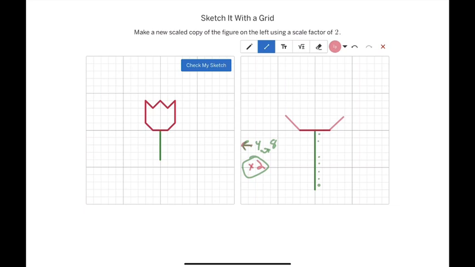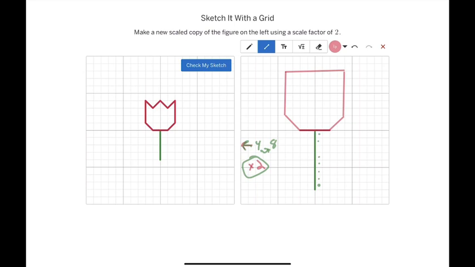Now the distance on the original one for this distance here, if I go up, was 3. So now I want to make it 6. So 1, 2, 3, 4, 5, 6. 1, 2, 3, 4, 5, 6. Now the distance between here and here was 4 and it's now 8, which is true.